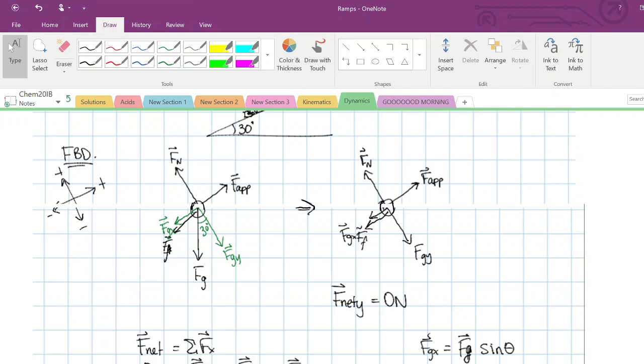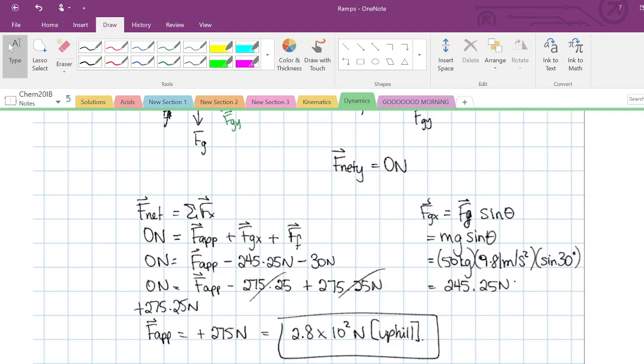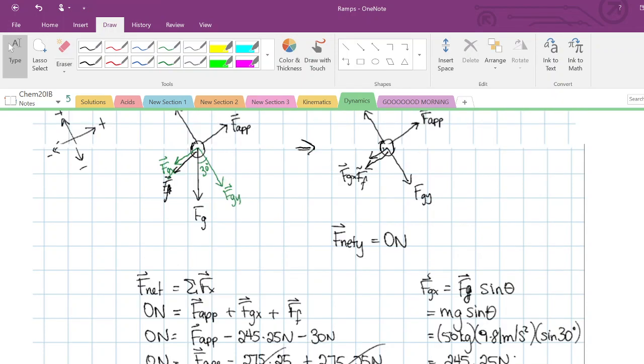They told me that this mover is working at a uniform rate, which means acceleration is equal to 0. So F net is equal to the sum of the forces in this parallel direction. I know that F net is equal to 0. And in this parallel direction, I've got force applied plus force gravity parallel plus force friction. So that's my sum of the forces here.